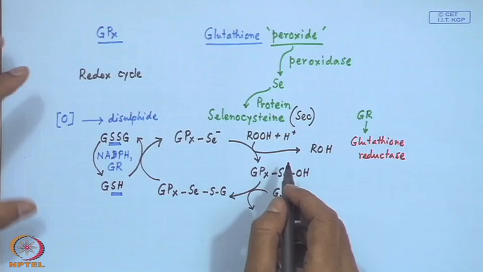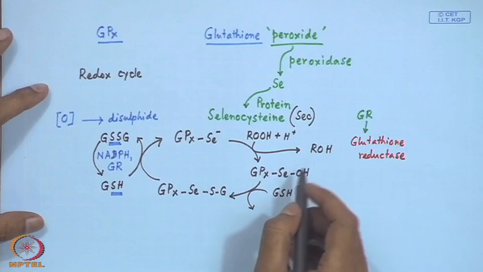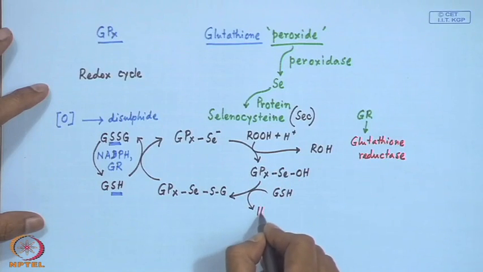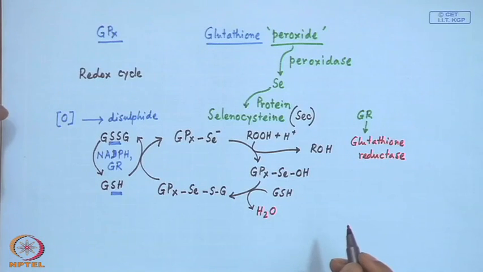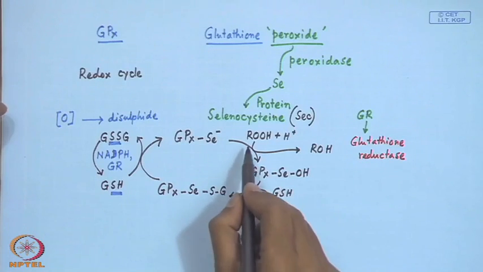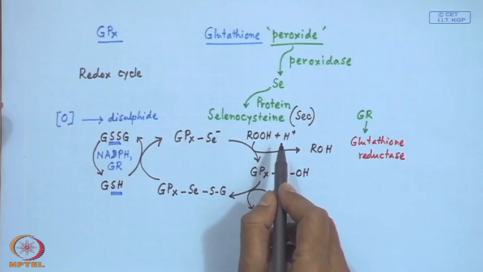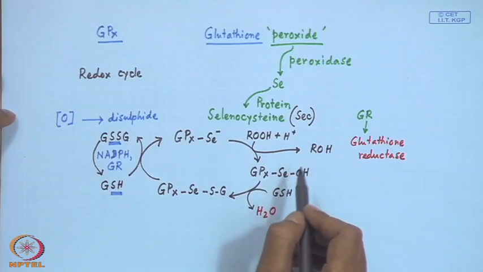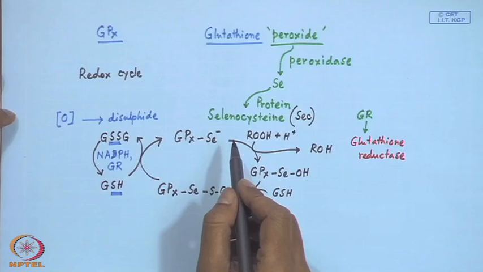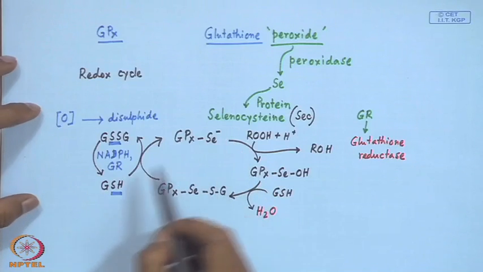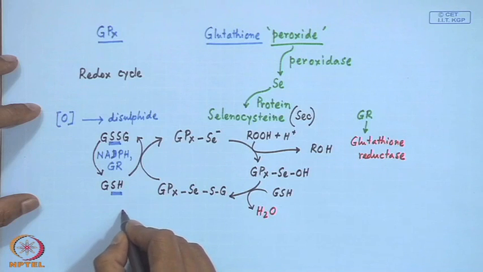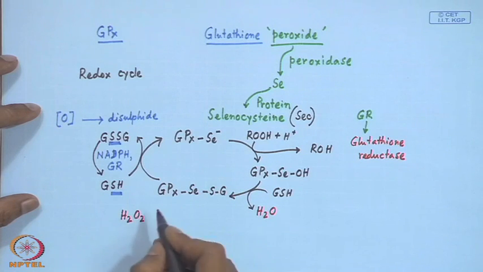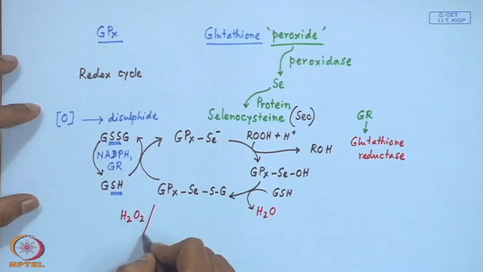So, this particular formation of selenic acid and the corresponding hydrogen peroxide is getting destroyed through the production of water molecule and through the consumption of these organic hydroperoxides, and the anionic form is again regenerated through this cycle. So, it is basically working on the glutathione molecule and consuming the hydrogen peroxide or the different organic hydroperoxides.